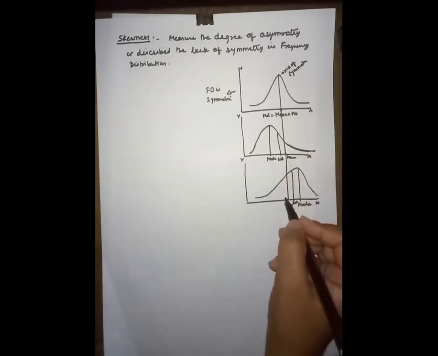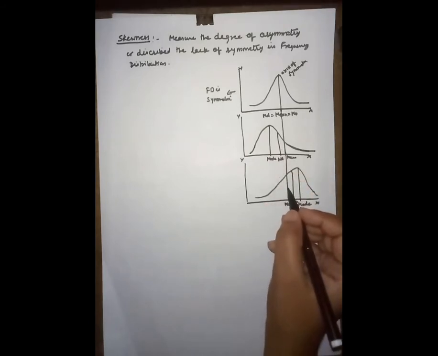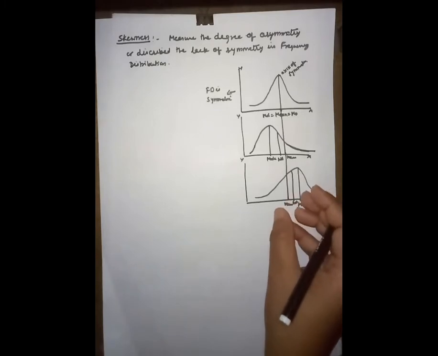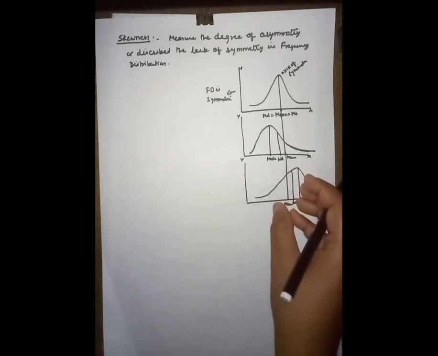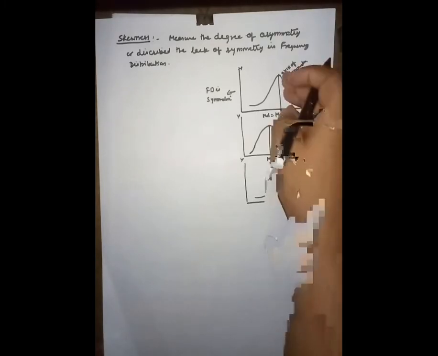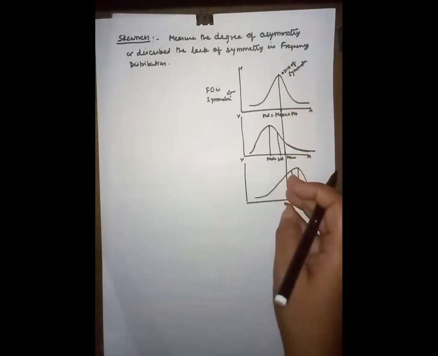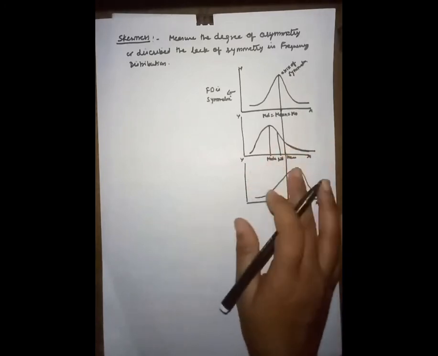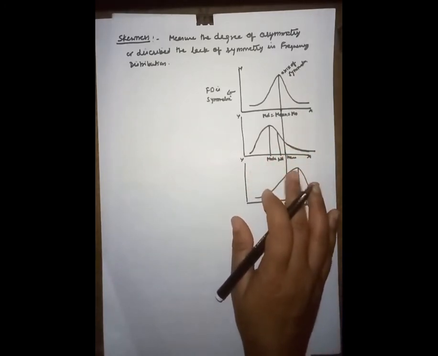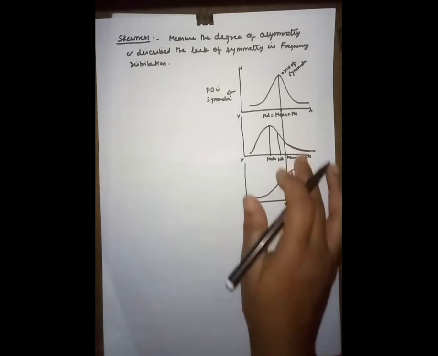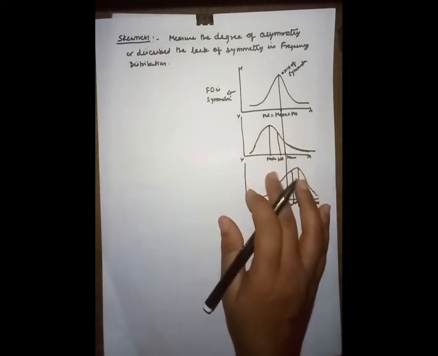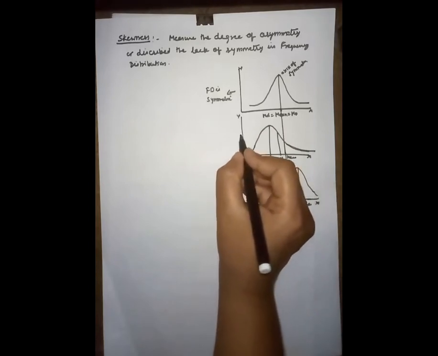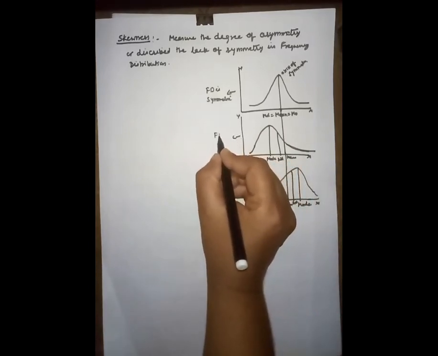So both are not symmetric, because around the axis of symmetry you do not have identical halves. So in the second and third cases, the frequency distribution is asymmetric.